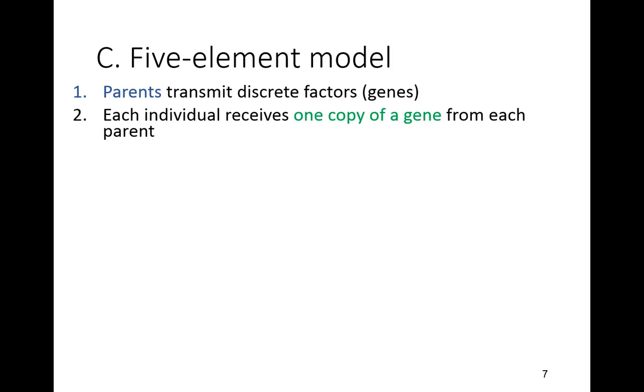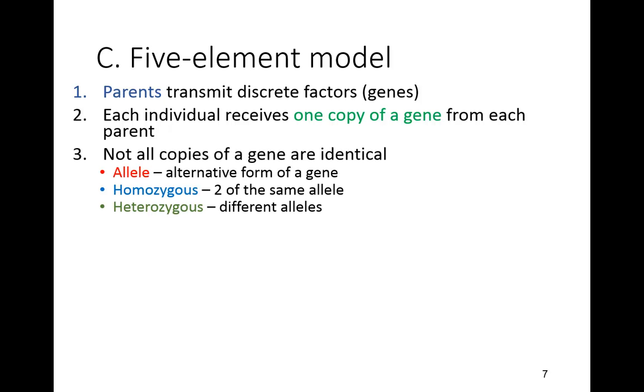So the first principles that Mendel came up with was called the five-element model. The first one is that parents transmit discrete factors, and we're going to call them genes. The word genes hadn't been coined yet, so he just called them discrete factors. But we're going to call it genes from now on. Each individual receives one copy of a gene from each parent, but not all of the genes are identical.